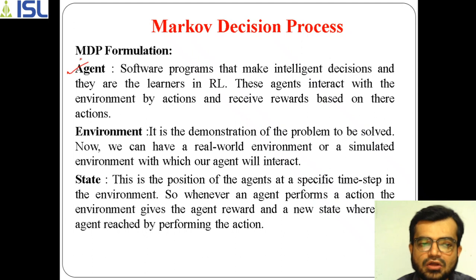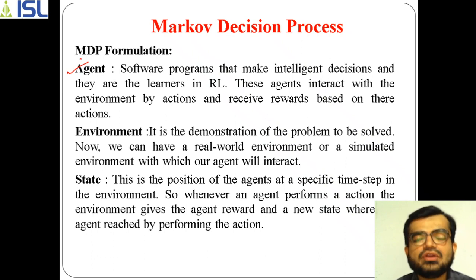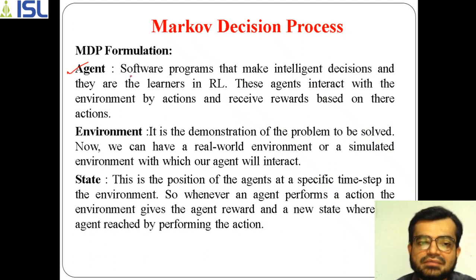As you are already aware, we have discussed previously what an agent is. Agents are generally software programs. If you are using artificial intelligence technology in software, that means you are using a software program as an agent. The role of the agent is to take intelligent decisions, and it is the learner. Who is the learner in reinforcement learning?